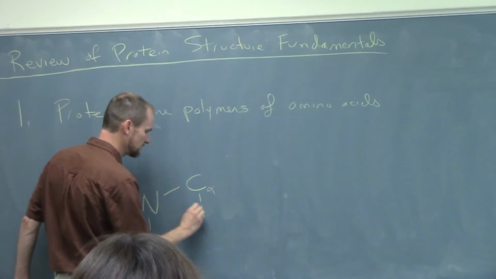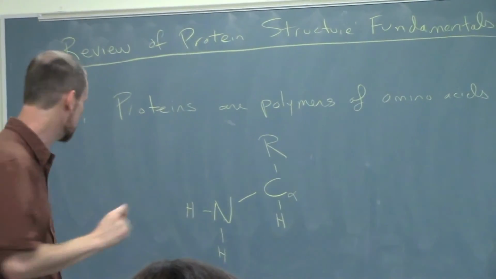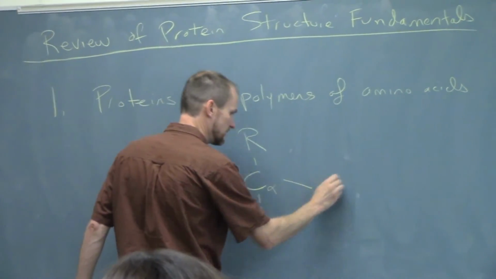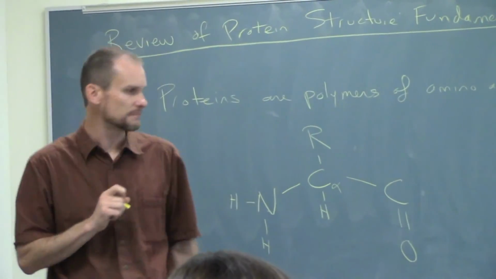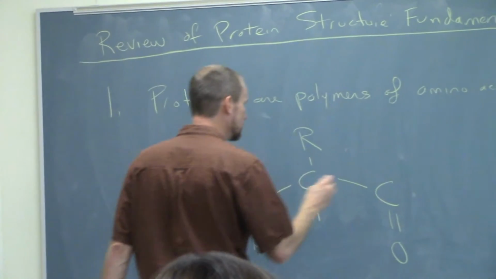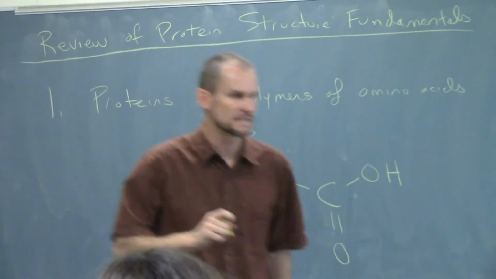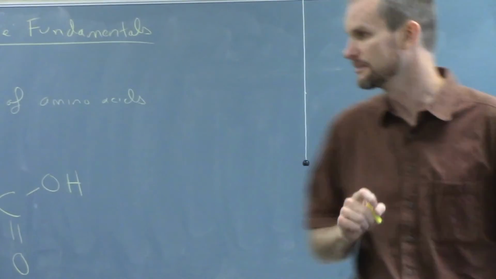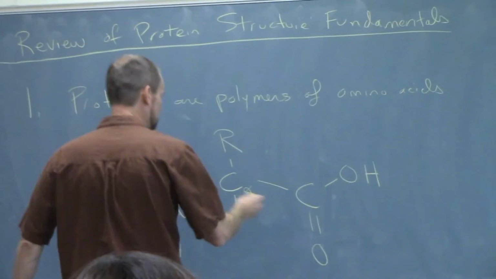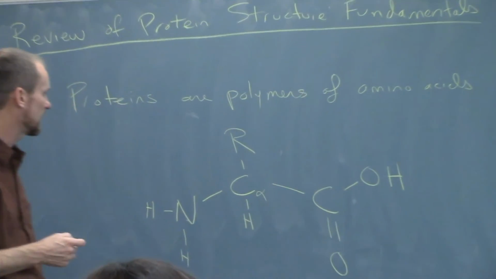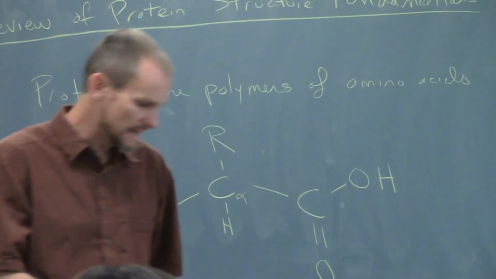It has a hydrogen on it and has some kind of functional group on the side. And then we'll have a carbonyl group, C double bonded to an oxygen. And as a single amino acid, that'll be an acid group. That'll have a COOH on it. All right, so that's our single amino acid.